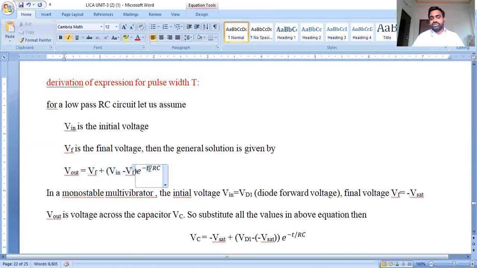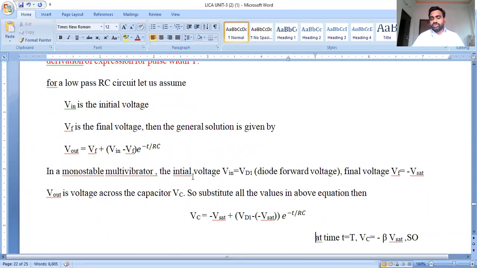That T is nothing but the time required for charging and discharging of the capacitor with respect to the RC circuit. Okay, the initial voltage is nothing but the voltage across the diode VD1, and the feedback final voltage is equal to minus V saturation, and the voltage across the capacitor is represented as Vc.